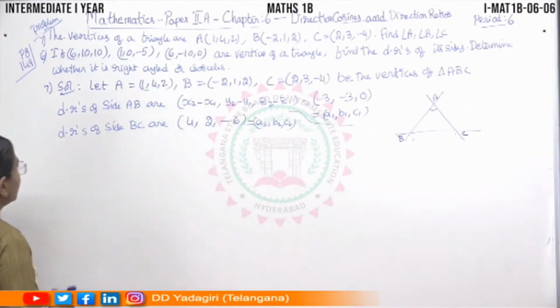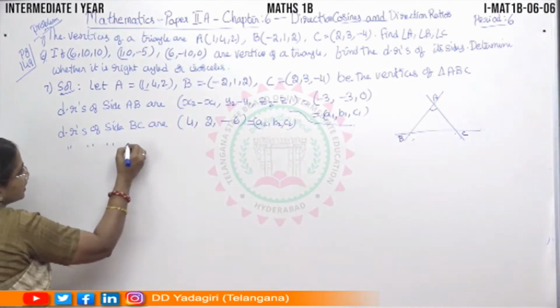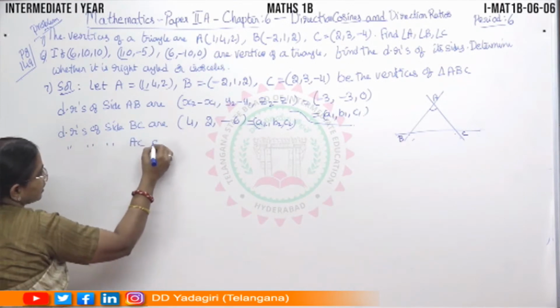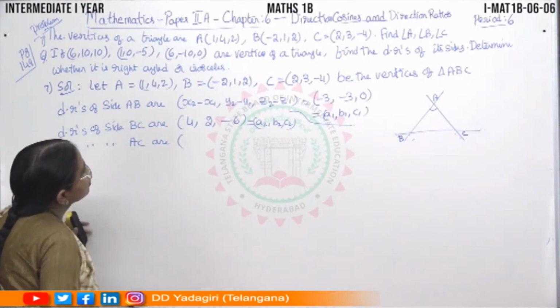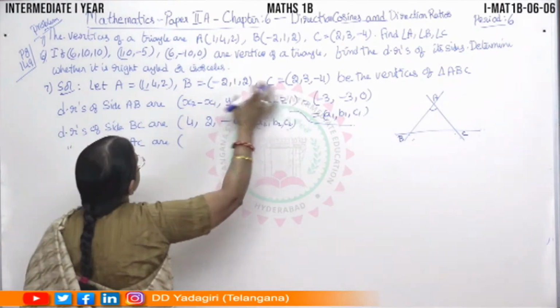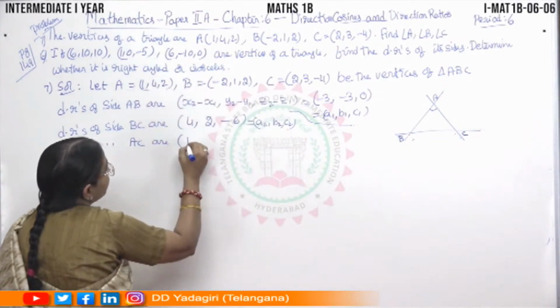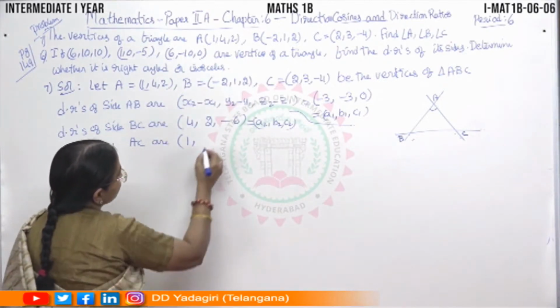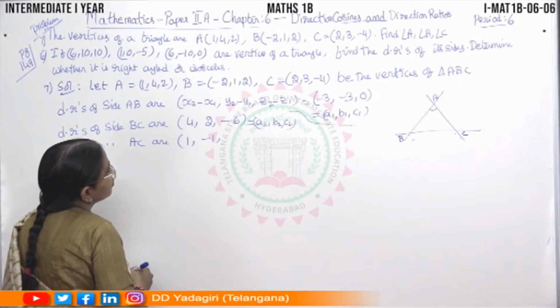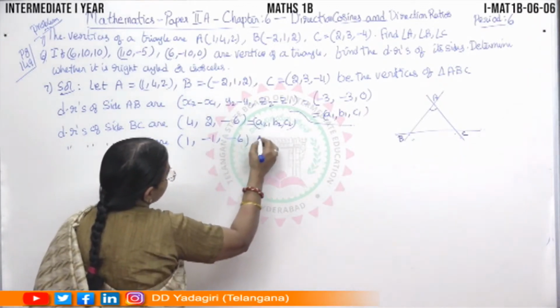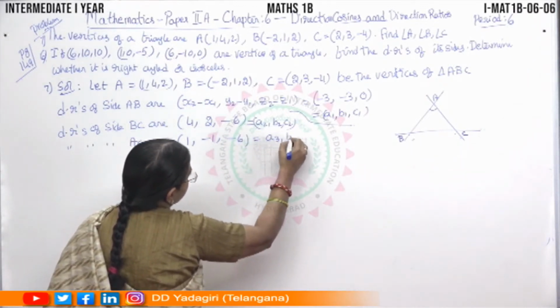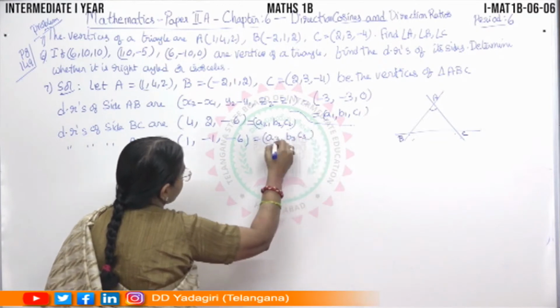And then the direction ratios of side AC: 2 minus 1 is 1, and 3 minus 4 is minus 1, and minus 4 minus 2 is minus 6. So these are a3, b3 and c3.